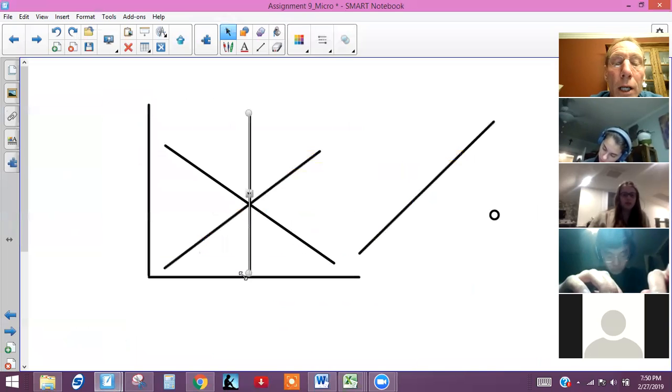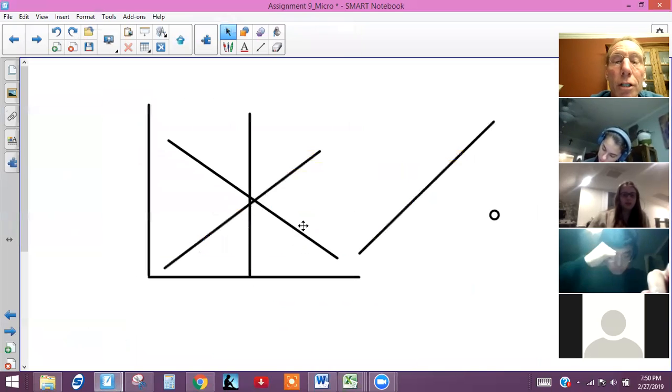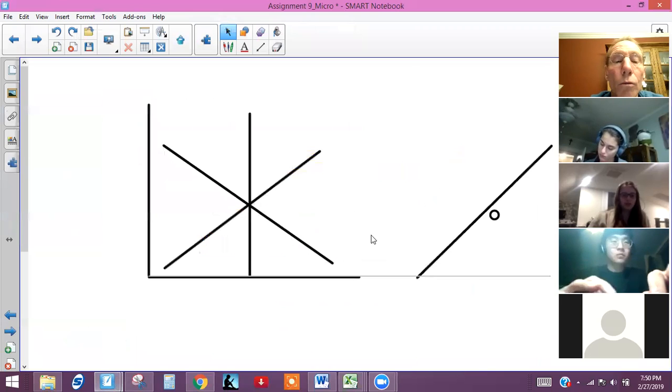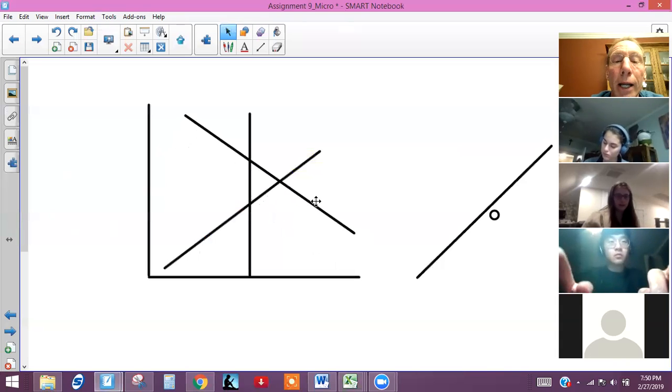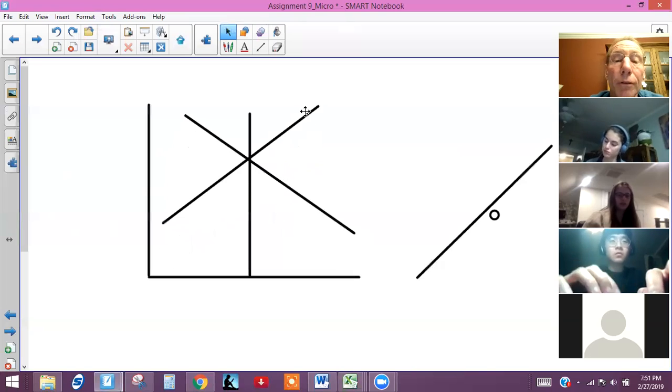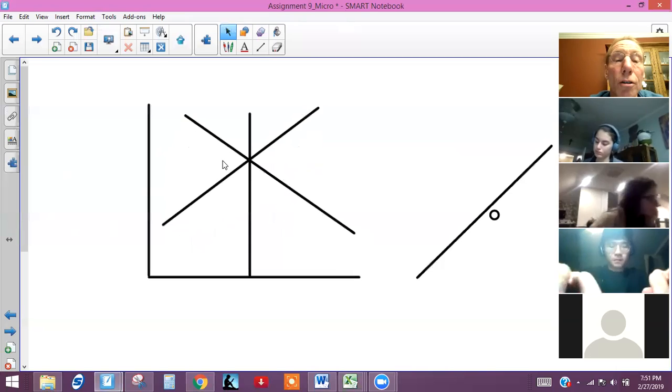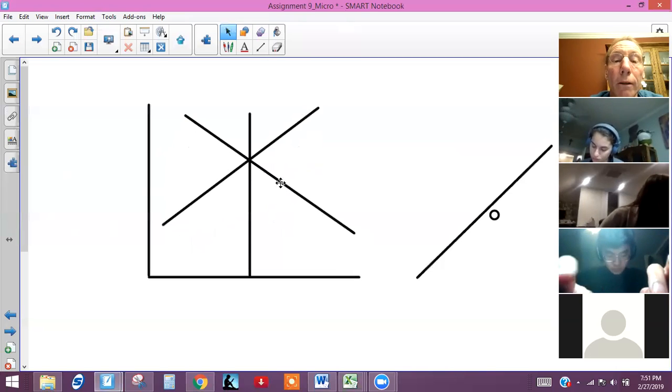And say the problem says, how do we not change quantity if we have a rightward shift in demand? Well, it's easy. Supply has to shift left, and we have a higher price, but the same quantity, okay?